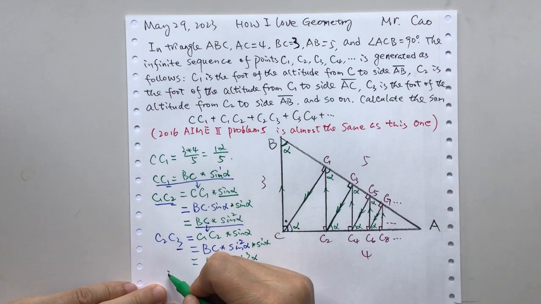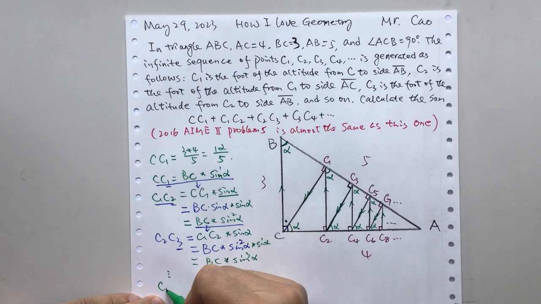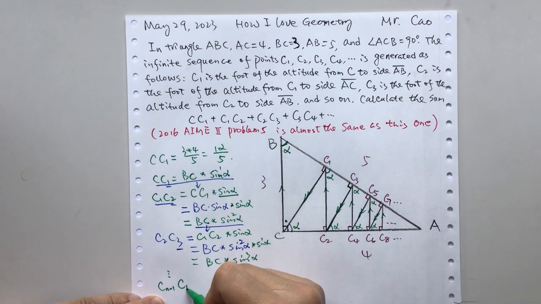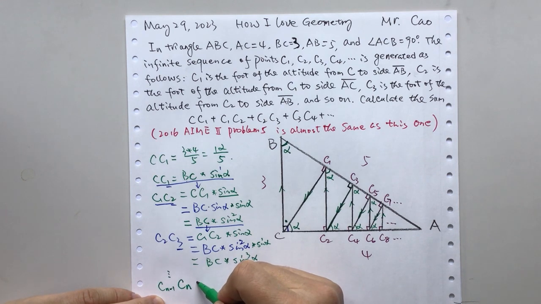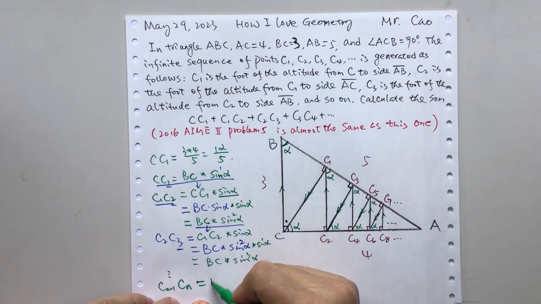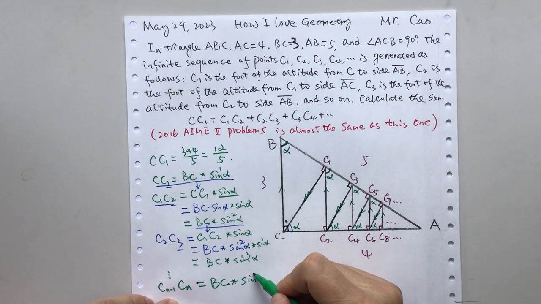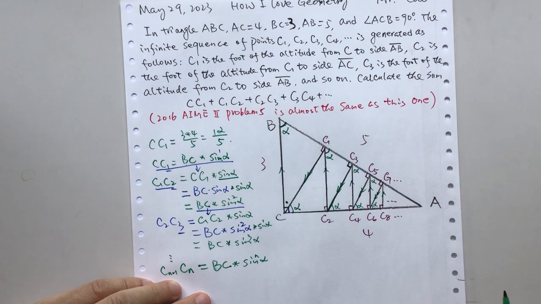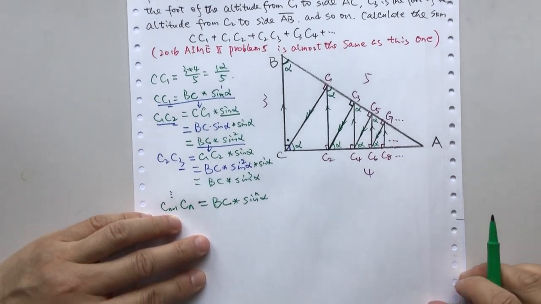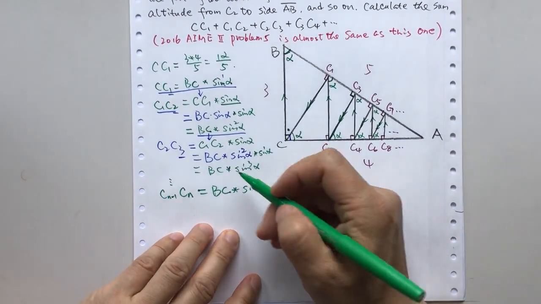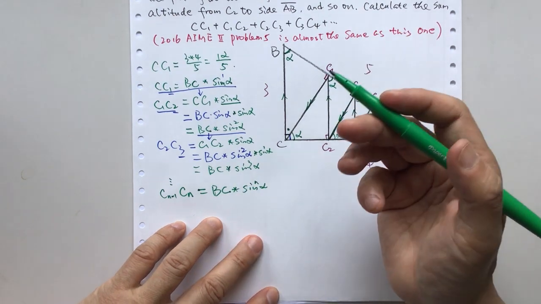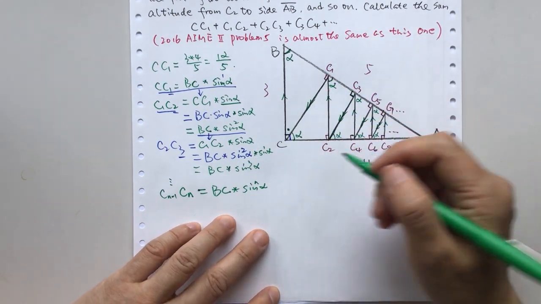So we can easily think about Cn minus 1. Cn will be BC times sine to the nth power alpha. So we will just find BC.